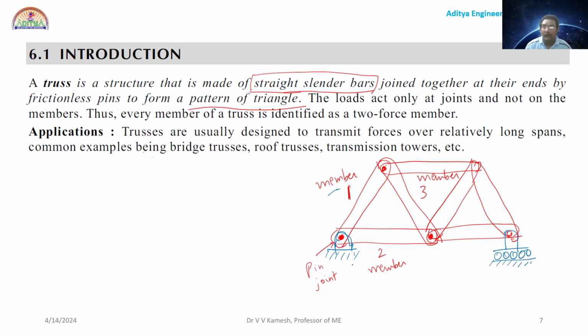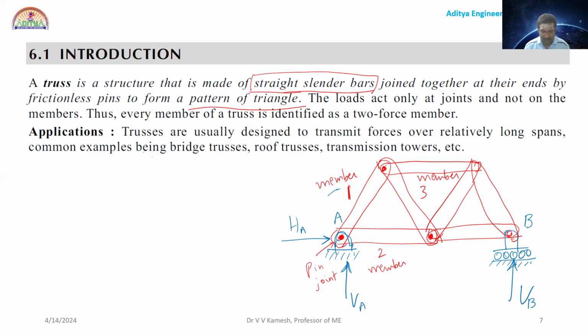The hinge support will have two reactions. Suppose this is A and this is B. The hinge will have a vertical reaction VA and a horizontal reaction HA. But the roller will have a perpendicular vertical reaction only, and it is VB. You can call it RB or you can call it VB.